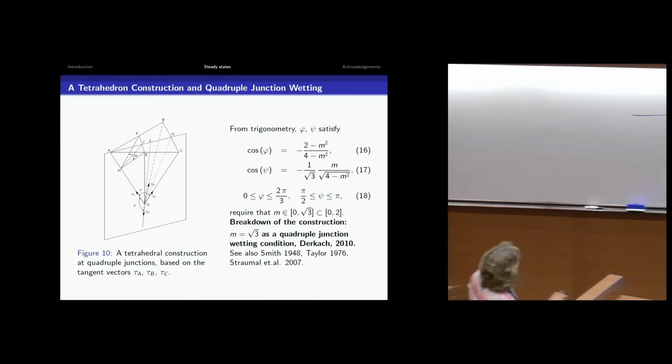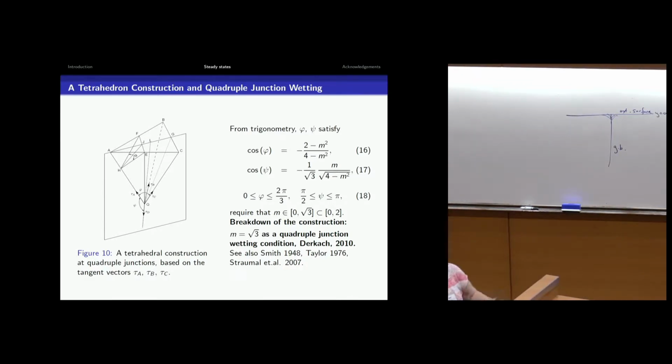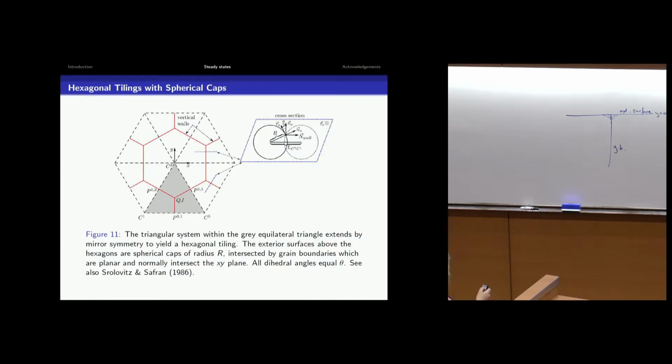Boris Straumel had something somewhat similar in a different context. So here are our hexagonal pilings with spherical caps. And in some sense, this is motivated by looking back at this classical paper of David Horowitz and Safran.